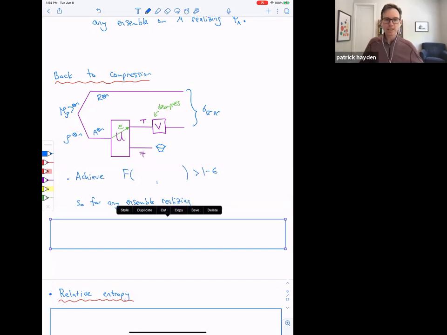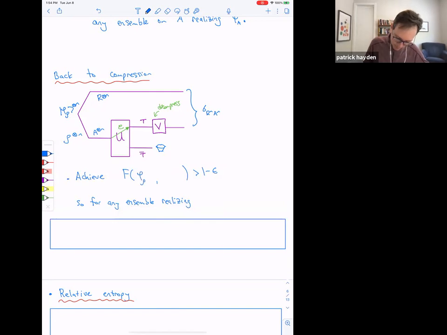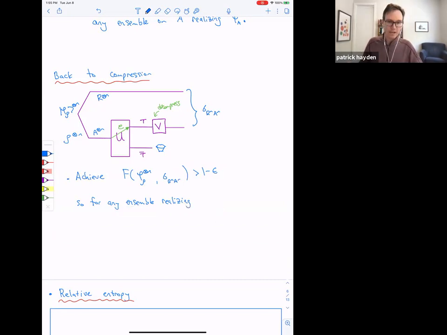What we actually achieve when we compress is that the fidelity between n copies of the purification of rho and n copies of the compressed and then decompressed quantum state is going to be larger than, say, 1 minus epsilon. That will even be true, based on what I just told you before, not just for this single purification, but for any decomposition of rho into pure states.